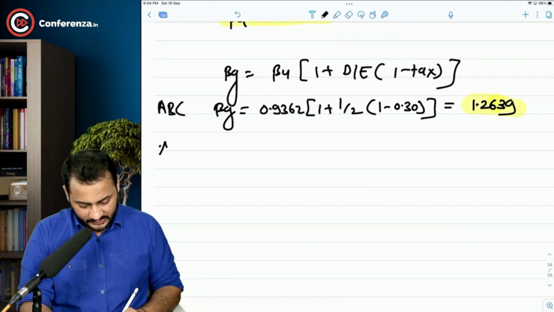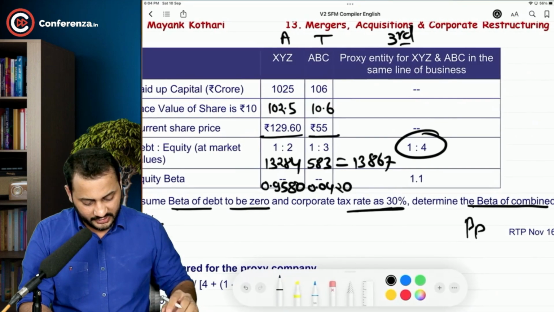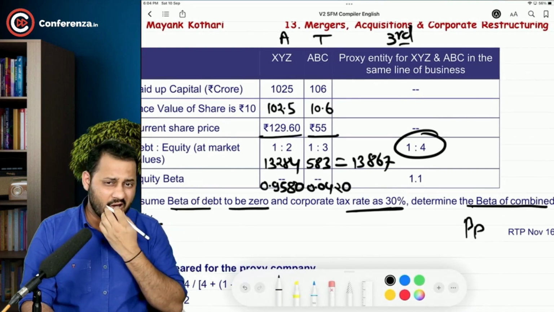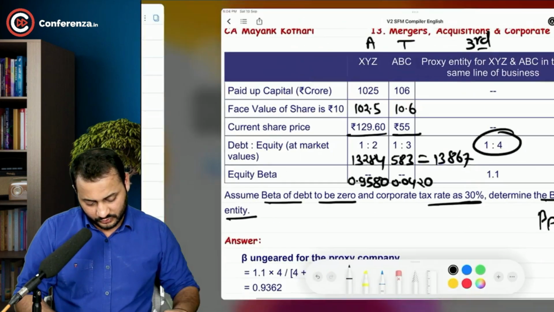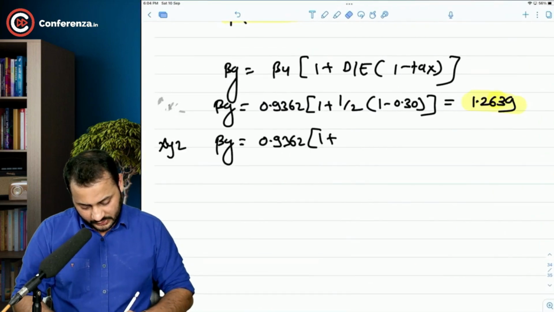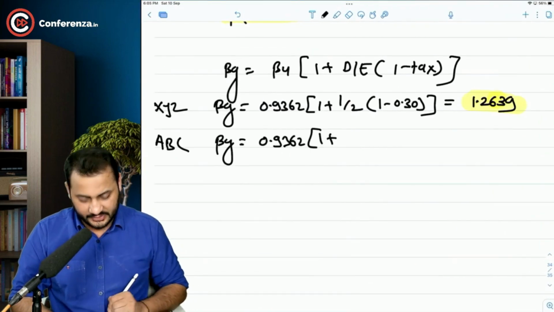Then for XYZ, similar thing. Geared beta is equal to 0.9362 times 1 plus. What is the debt equity ratio in this? I am writing it wrong. It should be XYZ and ABC.